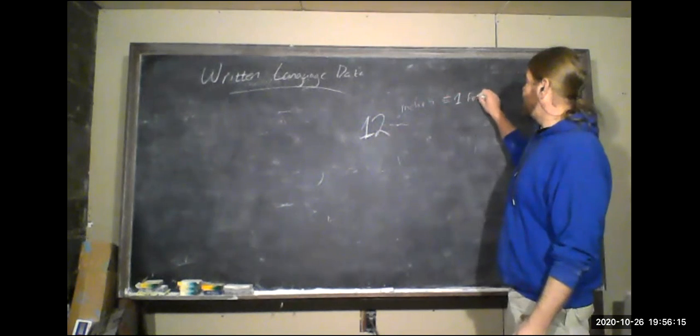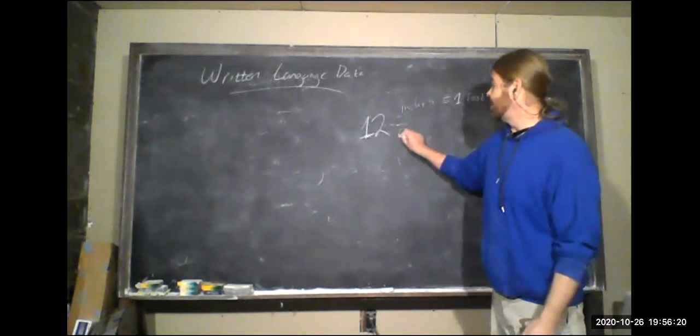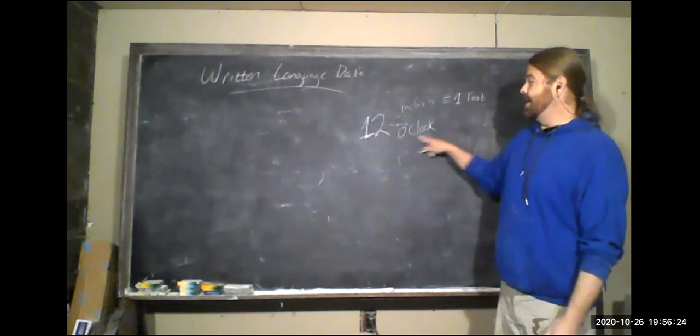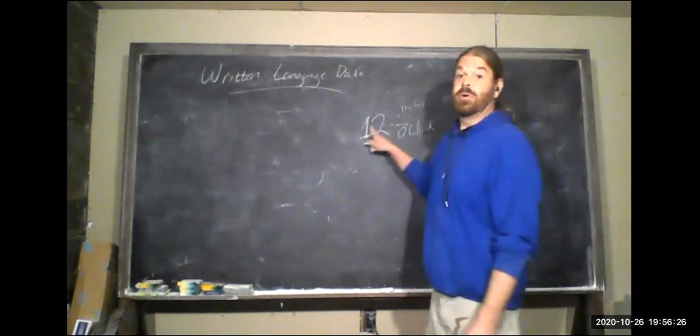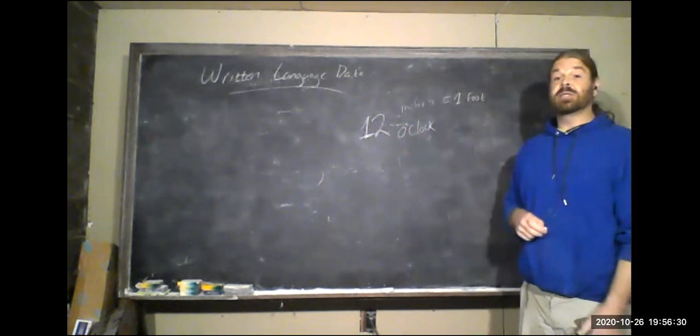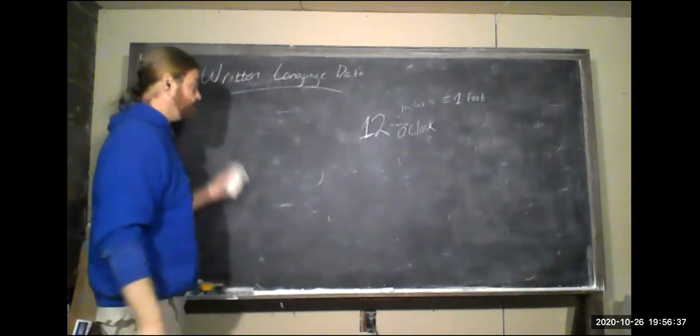We could say that means 1 foot. What's another one that 12 would work for? O'clock. That number didn't mean anything until we added the units. So our written language is probably a little more important for us to store.